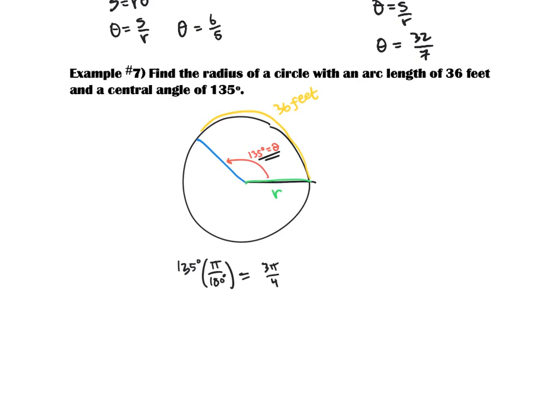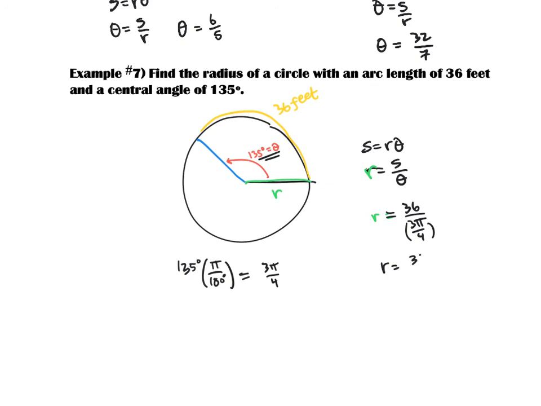Therefore, if s equals r theta, then r equals s over theta. Therefore, r is going to equal s, which is 36, that's the arc length, over theta, which is 3 pi over 4. Let's do a little algebraic manipulation here. So when I divide by 3/4, that's the same as multiplying it by 4/3.